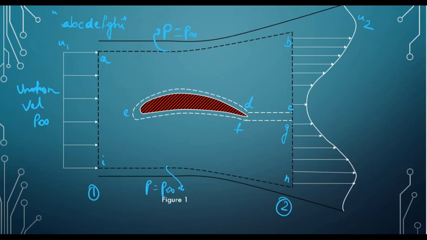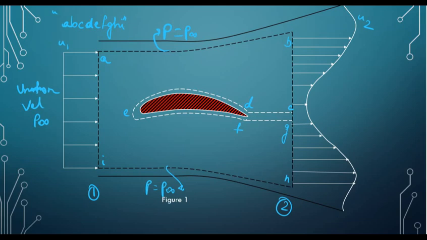And the third assumption is that both u1 and u2 are velocities in the x direction. For example, if you're placing this airfoil in a wind tunnel, you will have velocities in x, y, and z directions as well. But we are assuming over here that the velocities are only in the x direction.